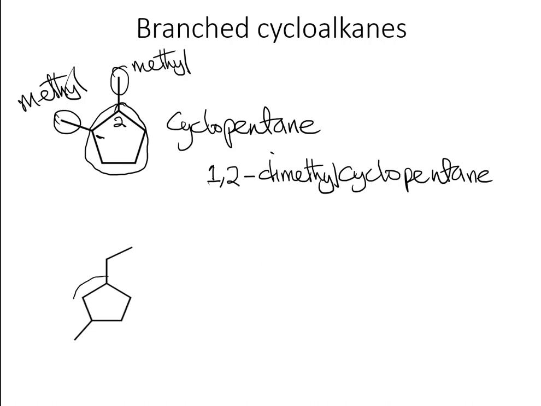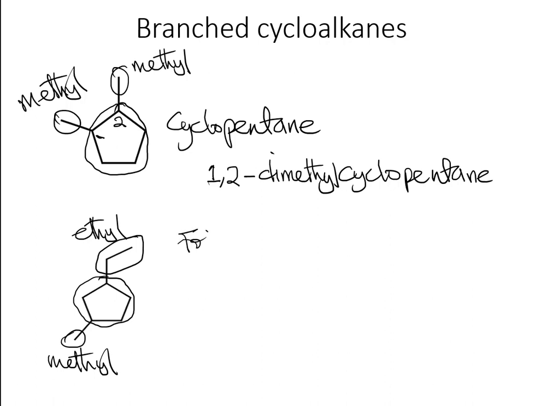Now, if we go to this molecule, it's the same thing as cyclopentane because the cycle has 5 carbon atoms. But it has an ethyl branch here and a methyl branch. So as usual, you need to follow alphabet. And because of that, 1 will be here.